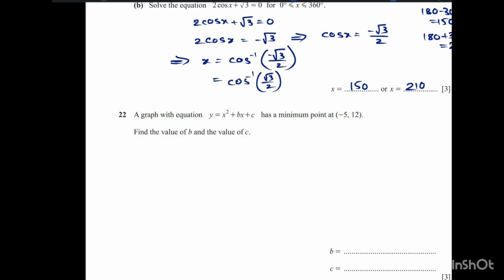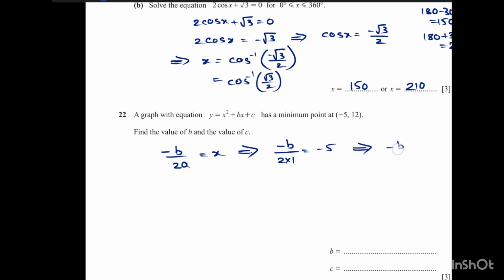So the minimum point for any quadratic equation has x coordinate minus b by 2a. So according to this equation, minus b by 2 into 1 should be minus 5.